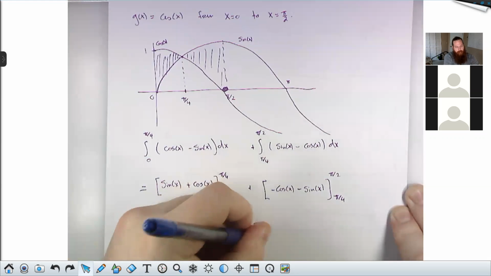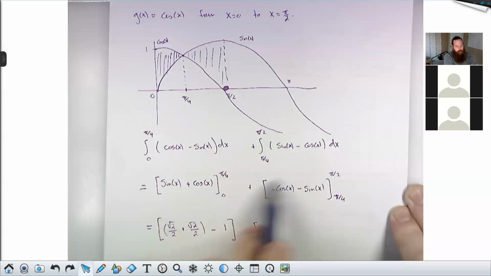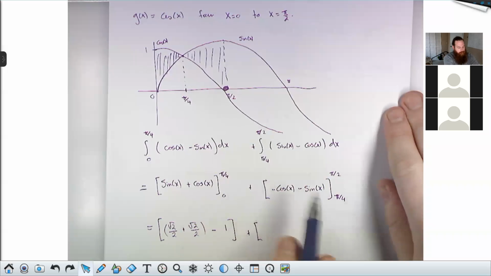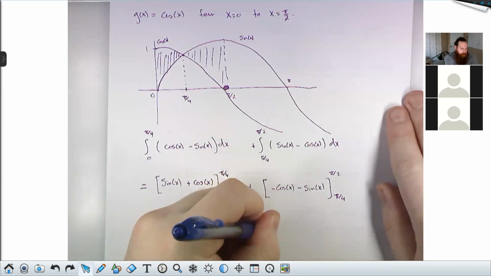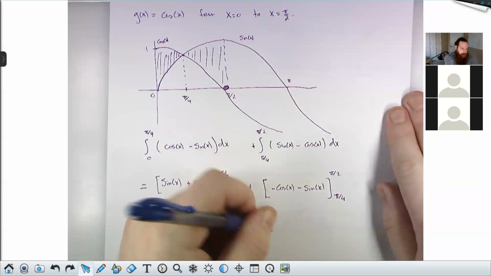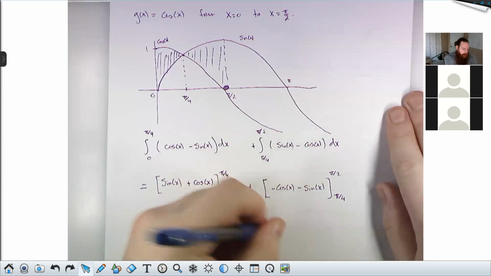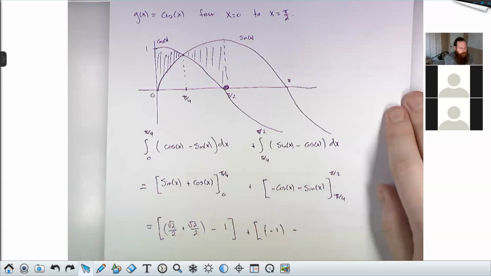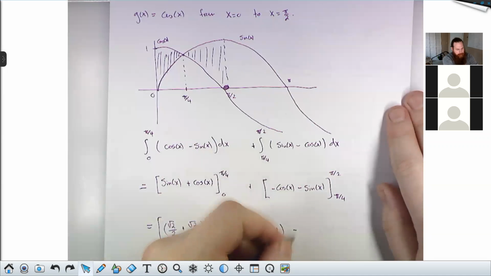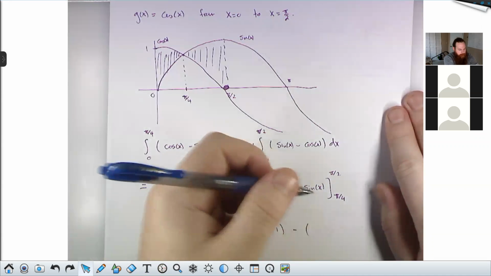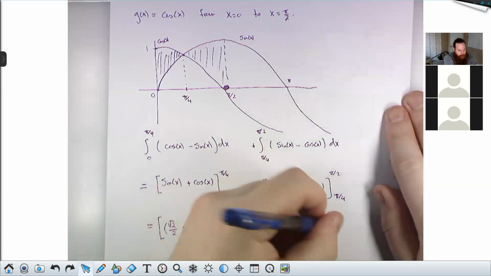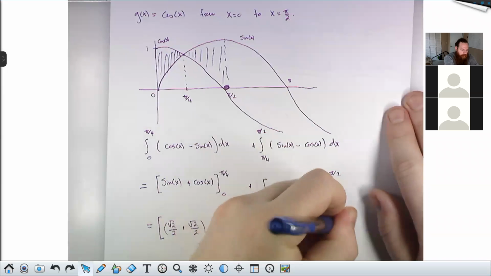Plus, if I plug in pi over 2 here, cos of pi over 2 is 0, sine of pi over 2 is 1. So this will be negative 0 minus 1. And from that, I have to subtract what I get when I plug in pi over 4. So this will be minus, and then when I plug in pi over 4, I'll get negative root 2 over 2 minus root 2 over 2.